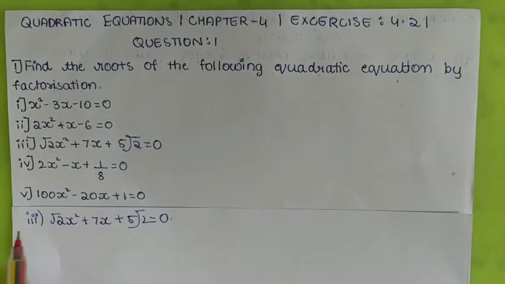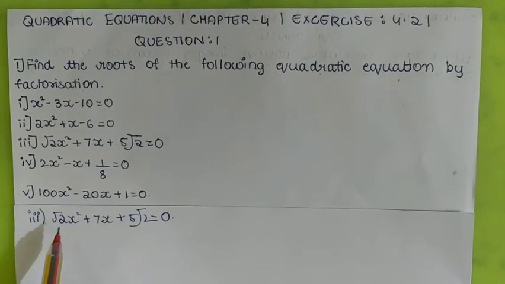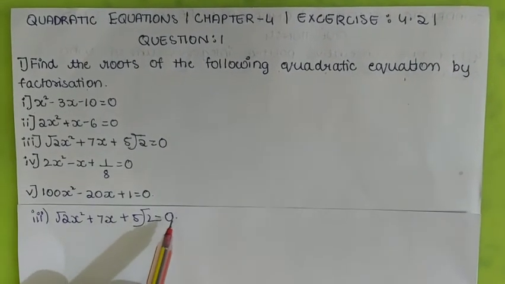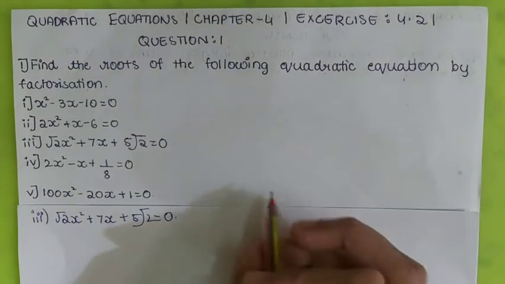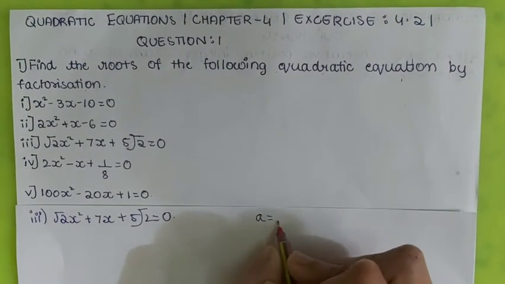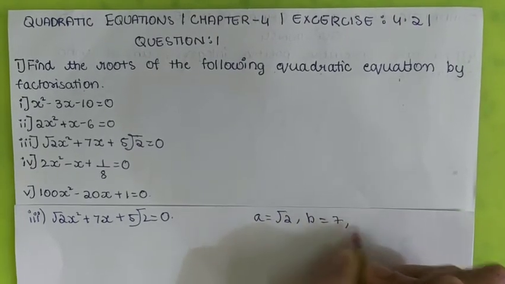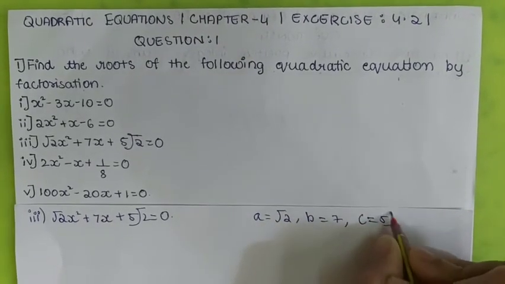So here we have the third part, that is root 2 x square plus 7x plus 5 root 2 is equal to 0. So here a is equal to root 2, b is equal to 7 and c is equal to 5 root 2.